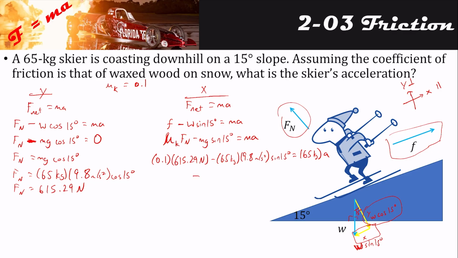So the left side of the equation becomes negative 103.34 newtons. Divide by the 65, and I get negative 1.59 meters per second squared for the acceleration. So the skier is accelerating negative, which means downhill, at negative 1.59 meters per second squared.